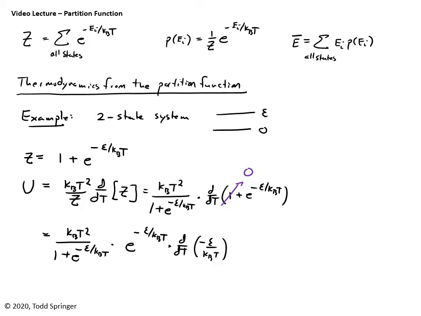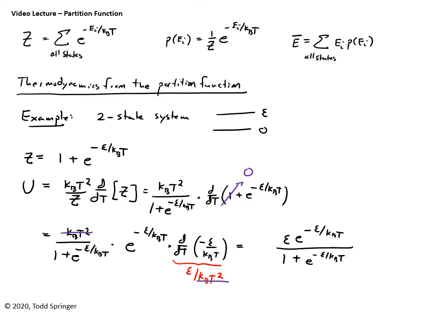And this thing here is equal to epsilon over kBT squared, taking the derivative with respect to T. The derivative of 1 over T is minus 1 over T squared. And then you see that there's a kBT squared here in the denominator, which cancels this. So what do I get? I have an epsilon, e to the minus epsilon over kBT, over 1 plus e to the minus epsilon over kBT.